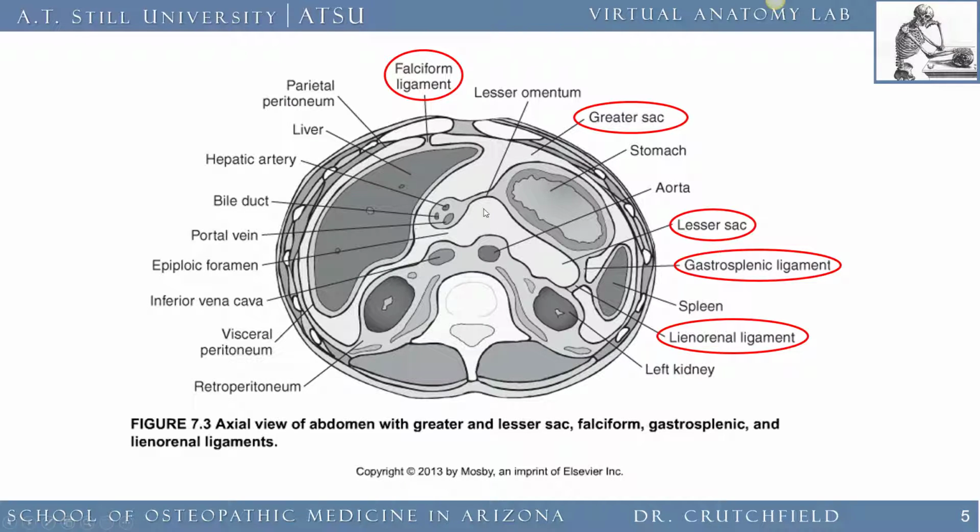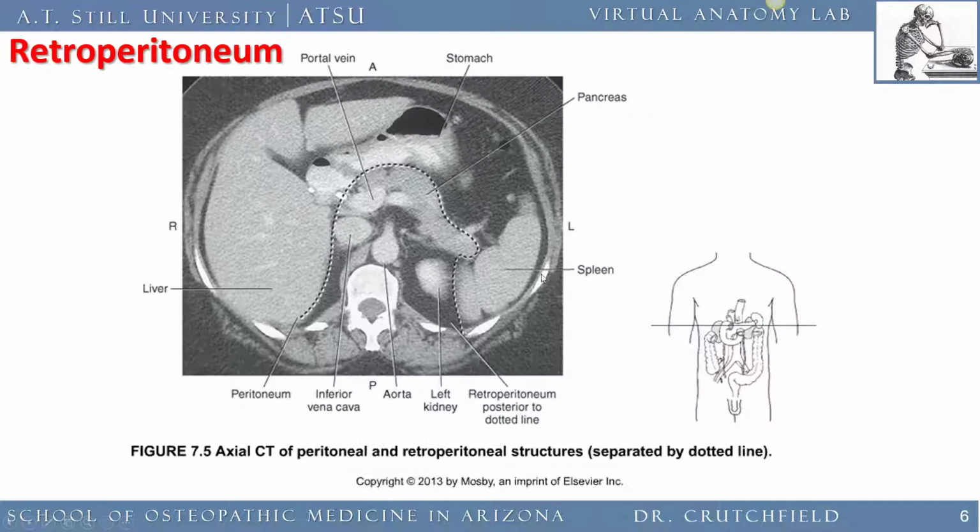This image does not show us the pancreas. So again, we're just looking at this dotted line to point out to us where the retroperitoneal structures are located. So here's the pancreas. It's a retroperitoneal structure. Here's a splenic vein joining into the portal vein. Here's the aorta.